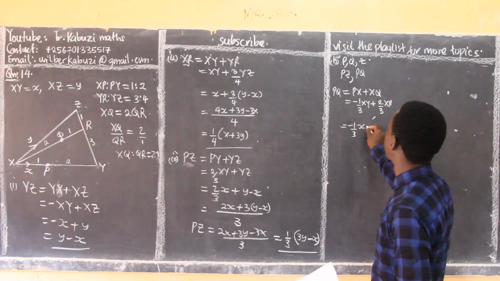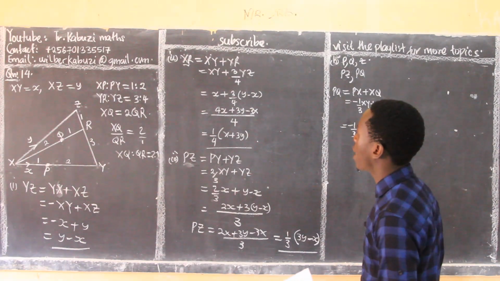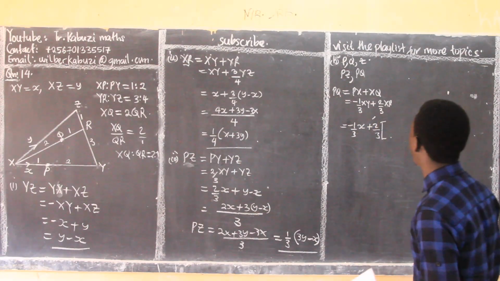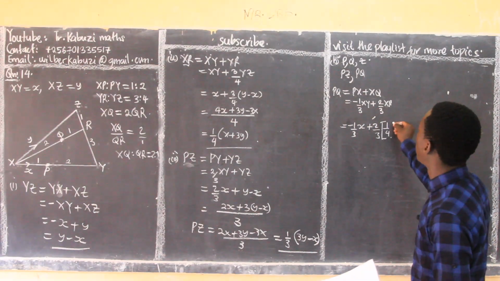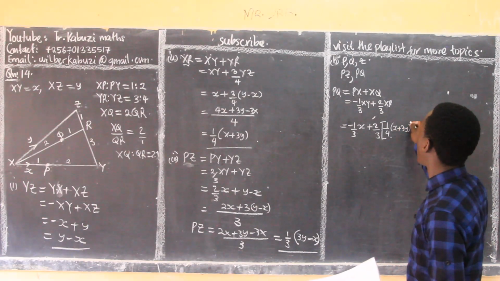XY is X plus 2 over 3 into, now XR, I think I have XR here, which is 1 over 4 into X plus 3Y.